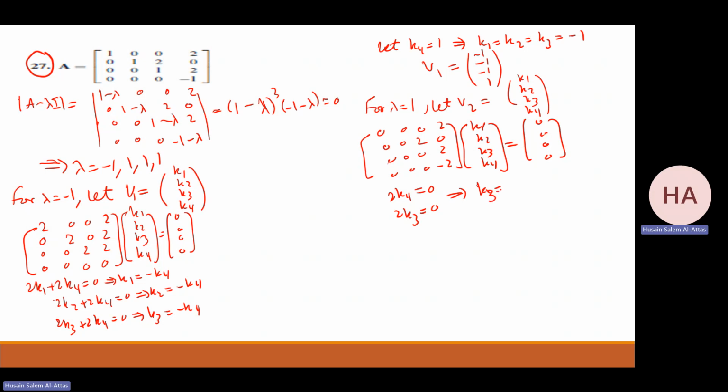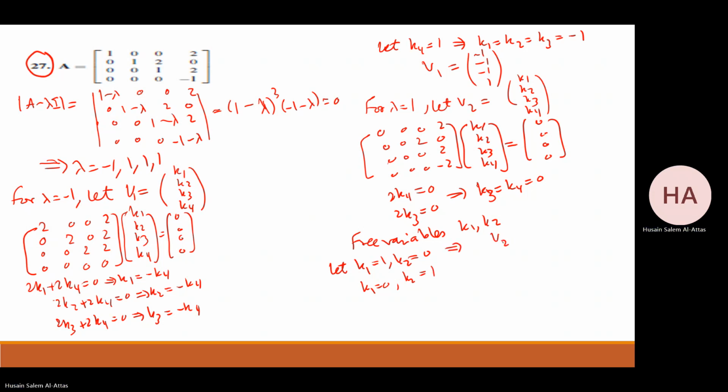So K3 equals K4 equals 0. So what are the free variables? K1 and K2. I let K1 be 1 and K2 equal 0, and K1 equal 0 and K2 equal 1. What will be V2, I mean? With K3 equal K4 equal 0, that will be 1, 0, 0, 0, and V3 will be 0, 1, 0, 0.